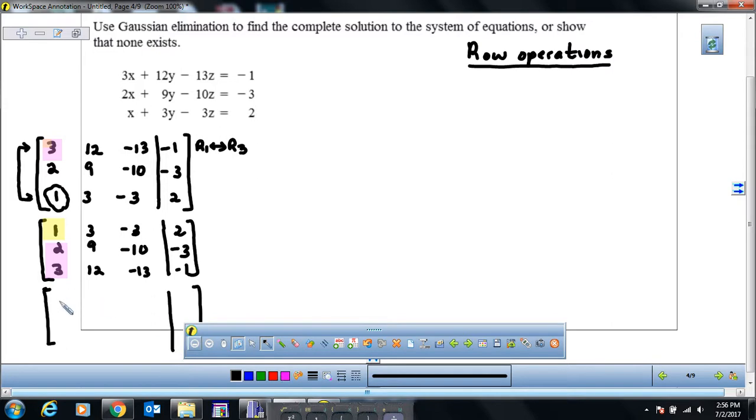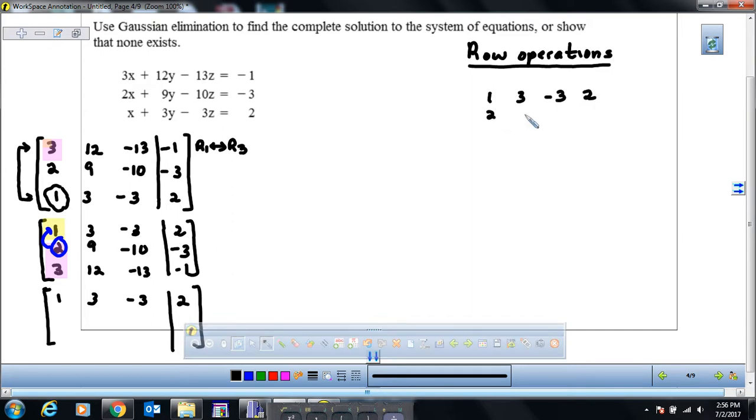In the first row, I'm just going to bring it down automatically. To make the 2 into a 0, we need to add it to the equation that we made into a 1, which is the top equation. So we're going to add the 1, 3, negative 3, and 2 to the second equation, which is 2, 9, negative 10, and negative 3.